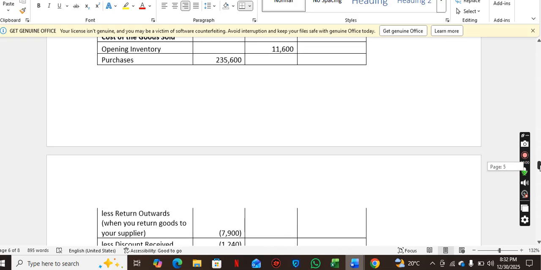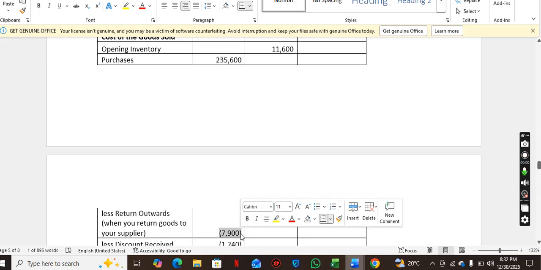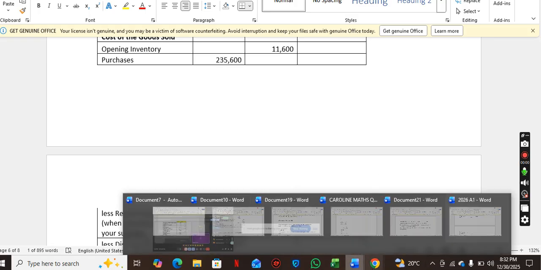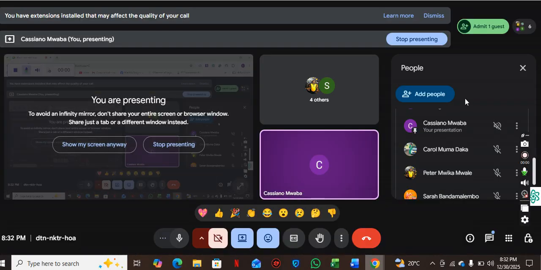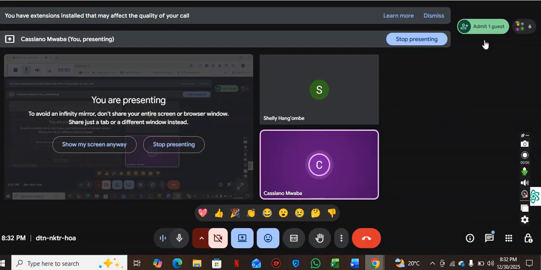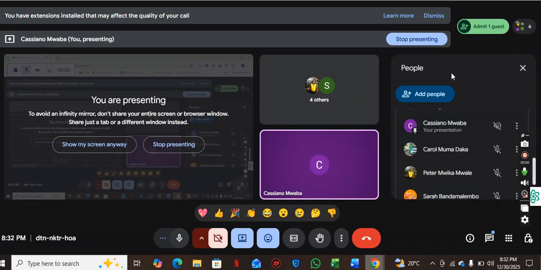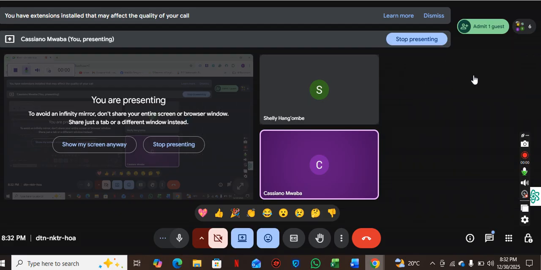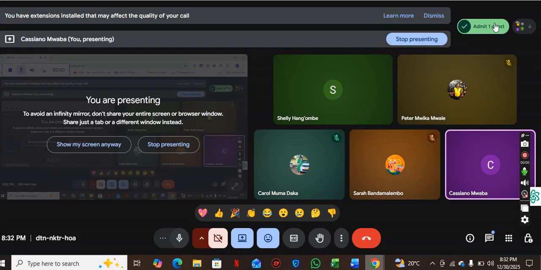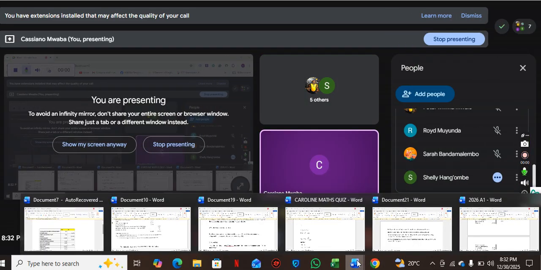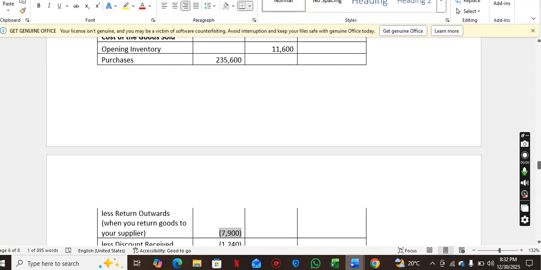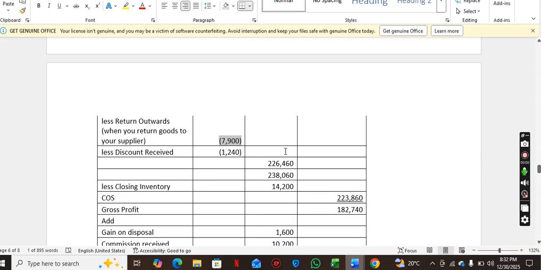That's why we're reducing. So we purchased goods worth 235,600. Then we returned goods worth 7,900. And on top of that, we were given a discount. Apart from returning goods worth 7,900, we're also given a discount of 1,240.